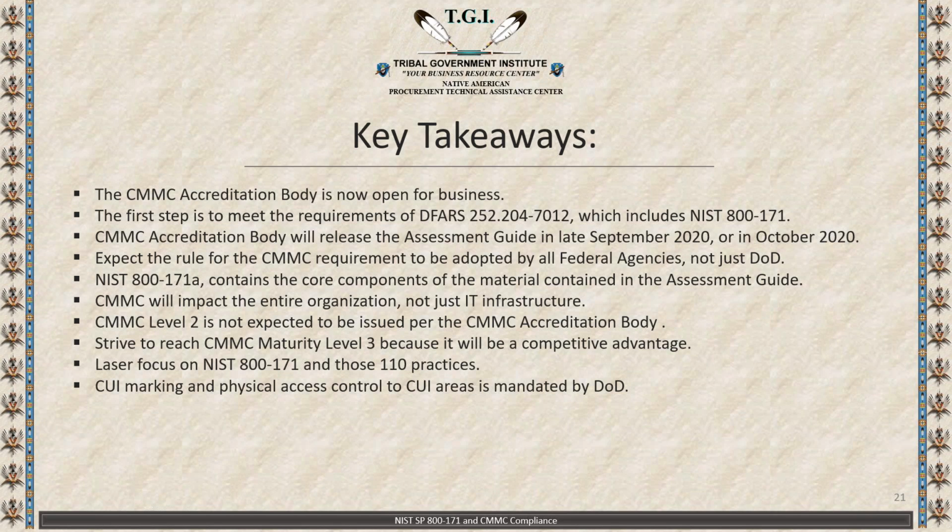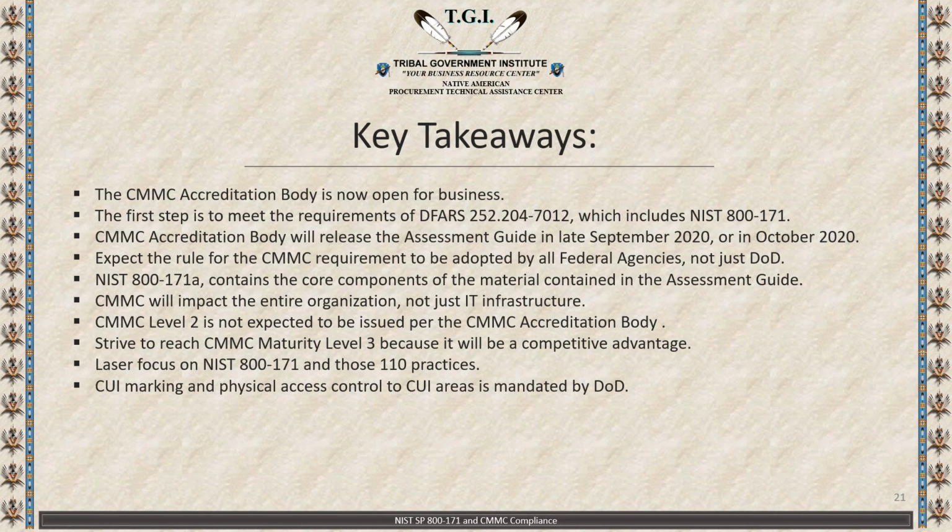NIST 800-171A contains the core components of the material contained in the assessment guide. The CMMC will impact the entire organization, not just IT infrastructure. CMMC Level 2 is not expected to be issued per the CMMC accreditation body.